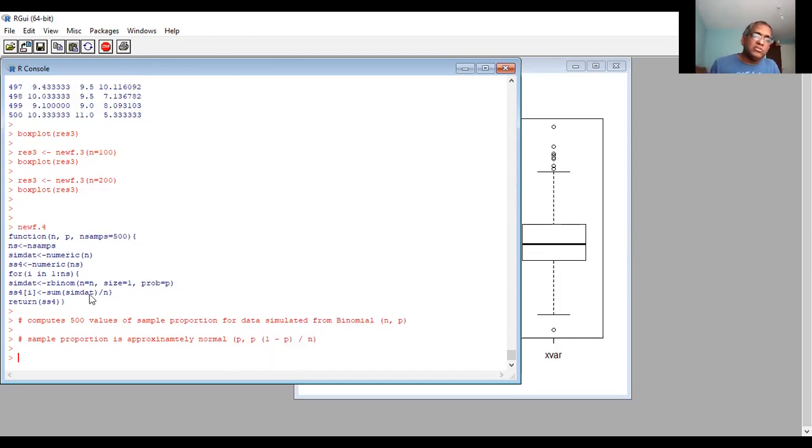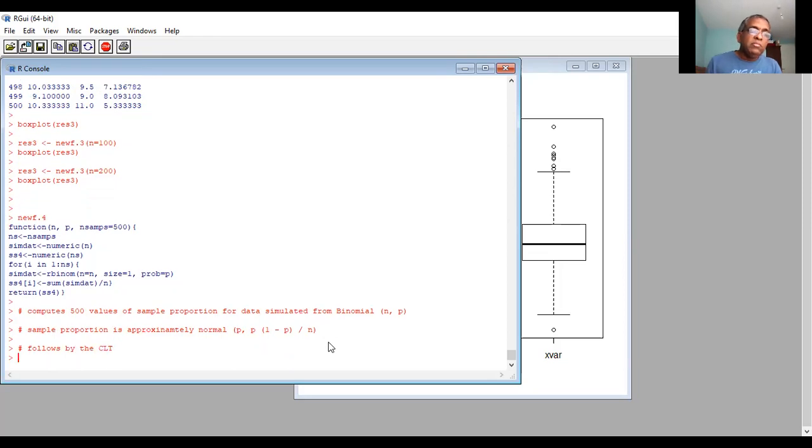Do you remember this result? I actually proved this result. This follows by the central limit theorem.